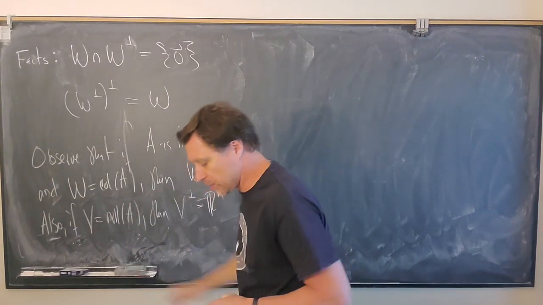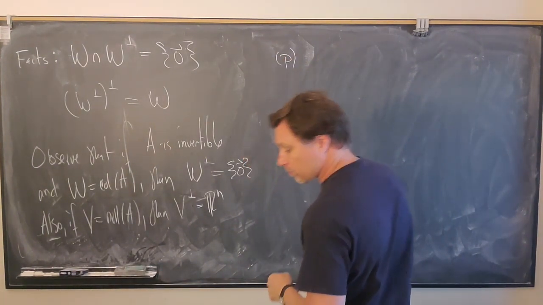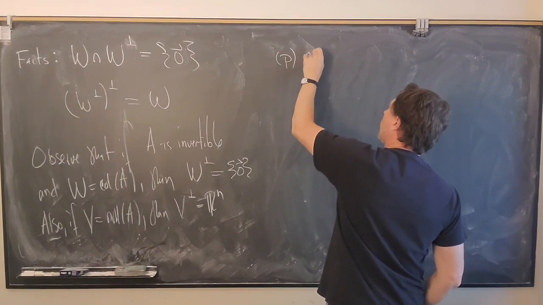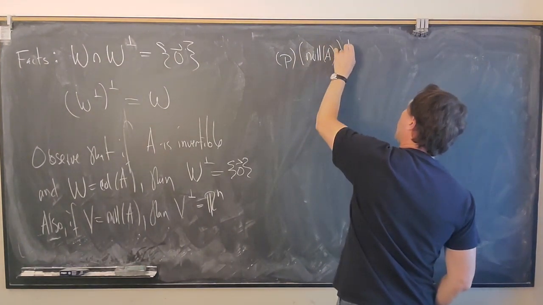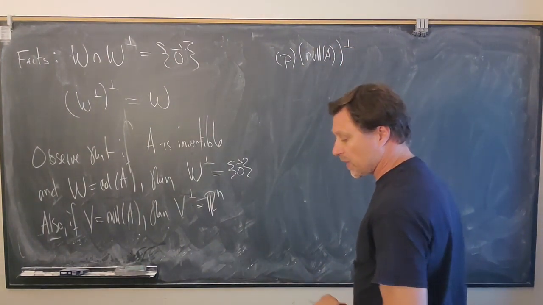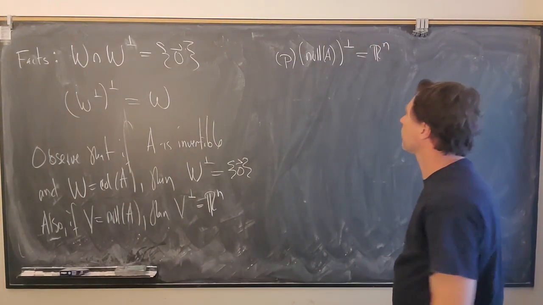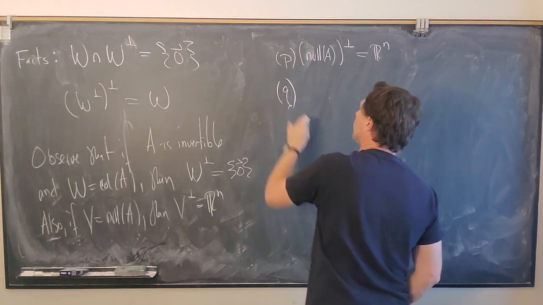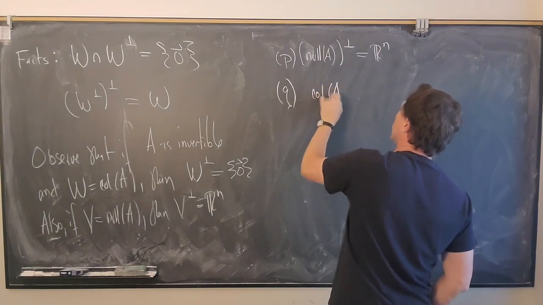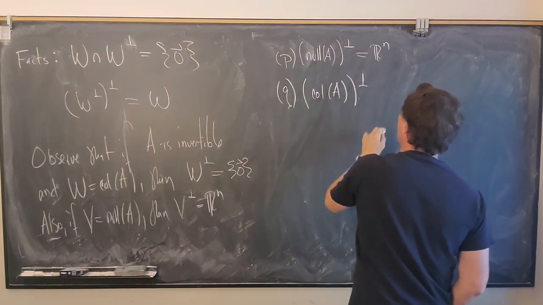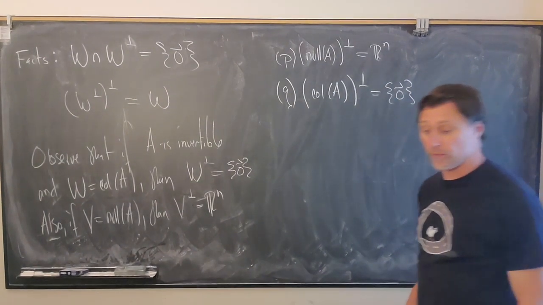And so these are going to be P and Q. P, the orthogonal complement of the null space of A is equal to Rn, and part Q, the orthogonal complement of the column space of A is trivial. It's just the zero vector.